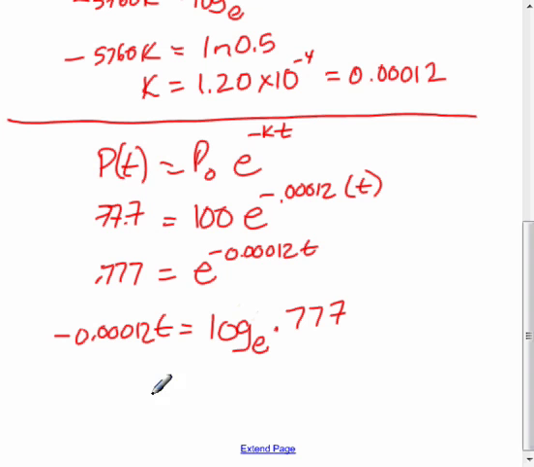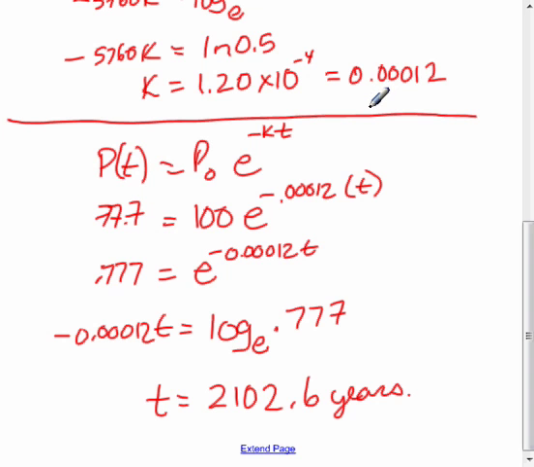Log base e is the same thing as ln. Let's do all the calculations on the calculator. And it comes out to 2102.6 years.